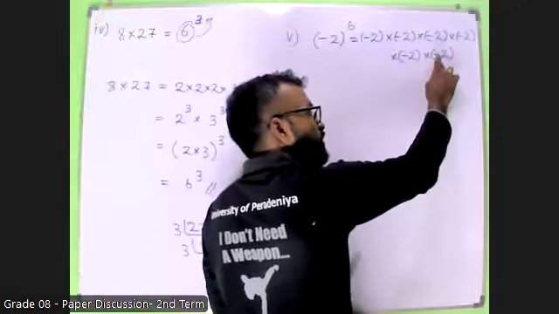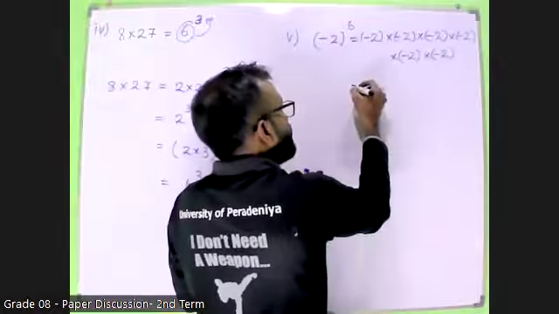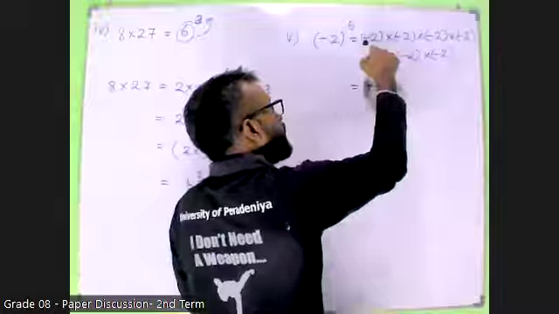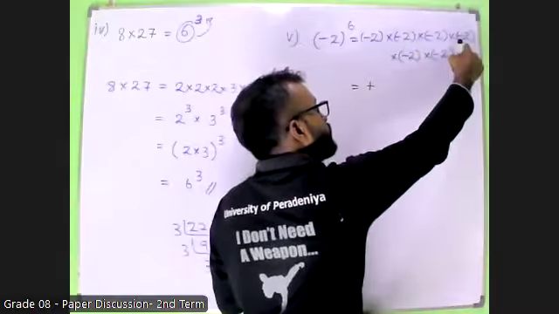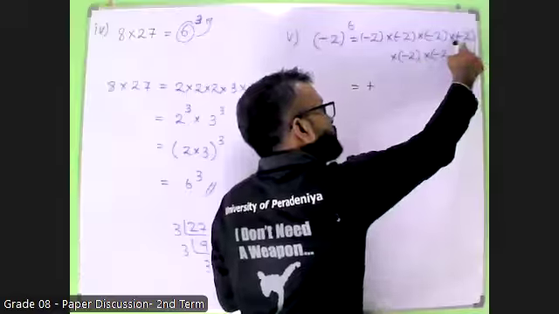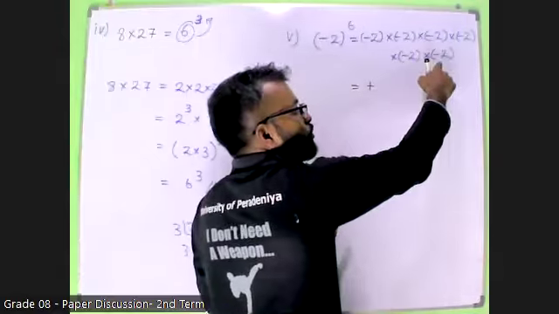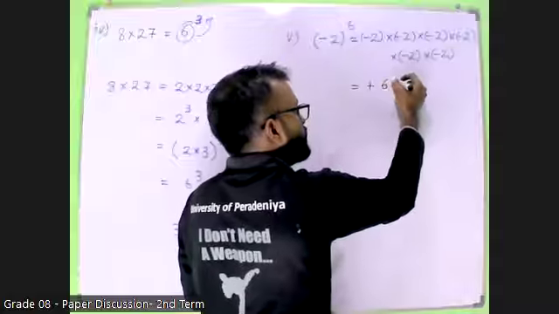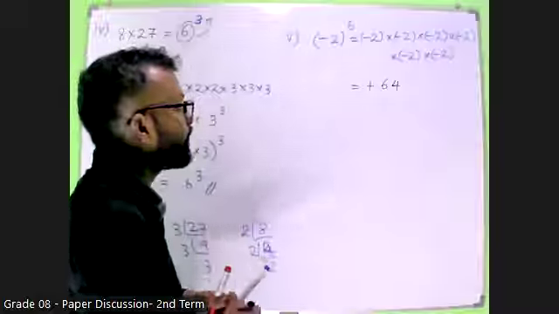Minus times minus, positive. So your answer will be a positive answer. Then 2 times 2, 4, 4 times 2, 8, 8 times 2, 16, 16 times 2, 32, 32 times 2, 64. So positive 64 is the answer, right?